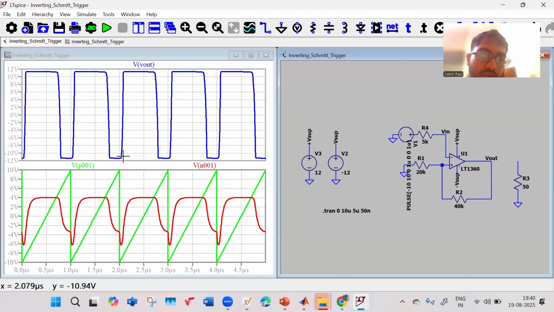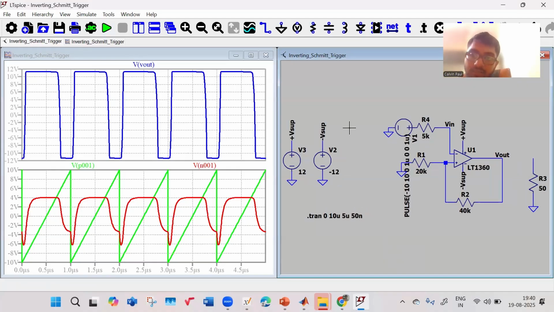Depending on that, the average value will change. Okay, so you can check this. You can also simulate in LTSpice. LTSpice is a free software also. You can learn how to do all these circuits as well.